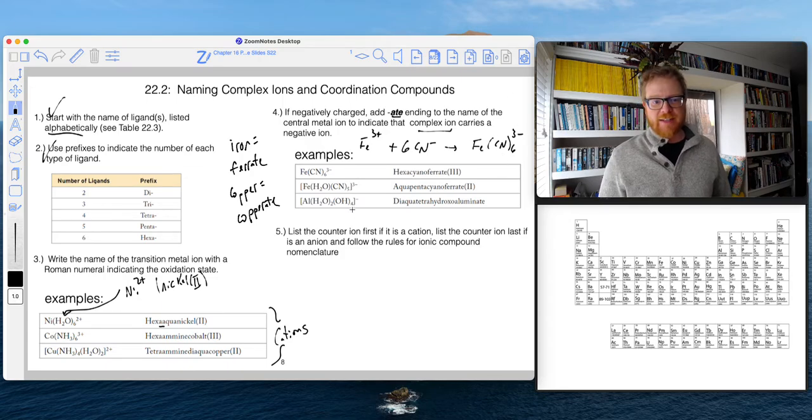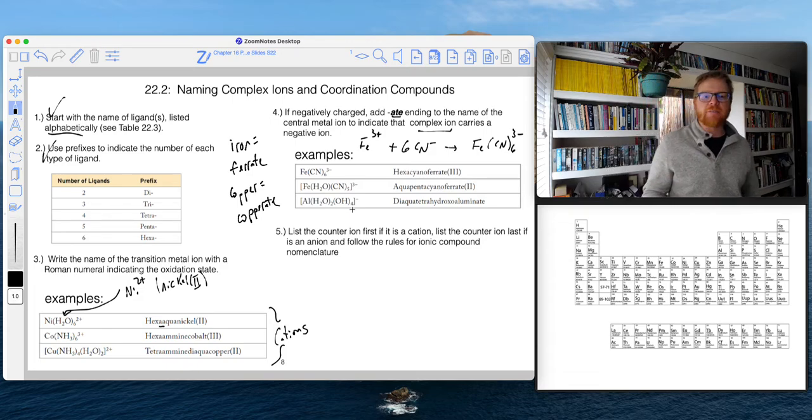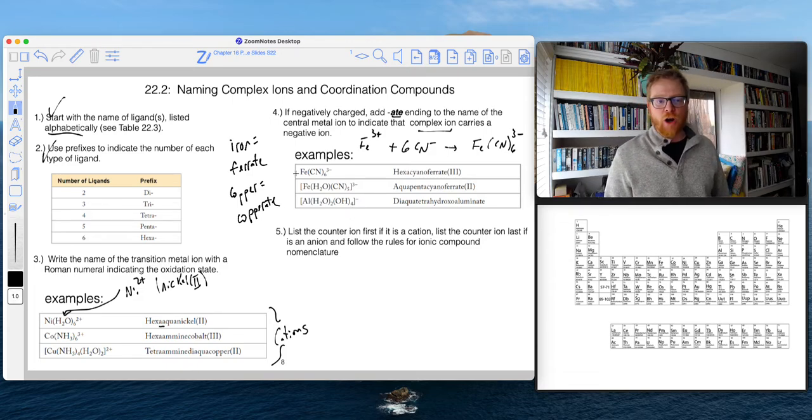Okay, so let's do another example. So again, we have to be able to deduce the charge for this example, so I'm going to work that out right here. So we can see that I've got an iron. We don't know what the charge is yet. We've got an H2O, just one of them, and we know that's neutral. And we've got 5 cyanides that are all negatively charged.